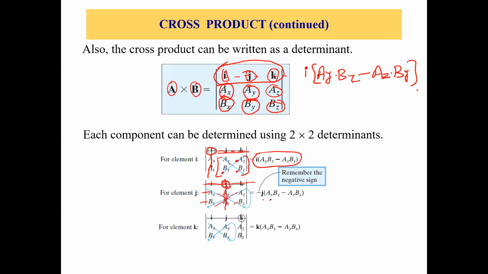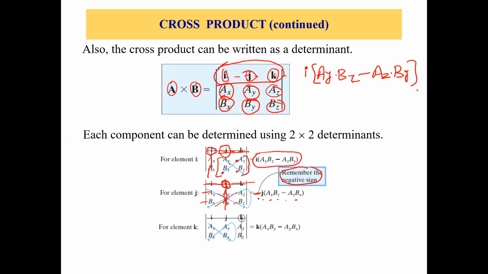So j times Ax times Bz minus Az times Bx. Another important thing: remember this negative sign. Once you take this second component, the j component, you will put a negative sign.